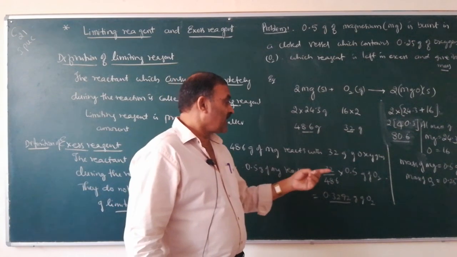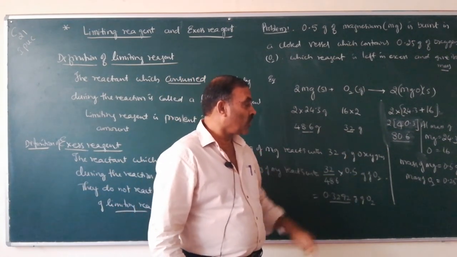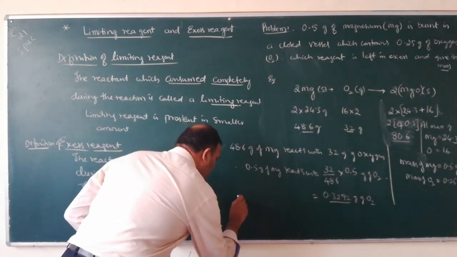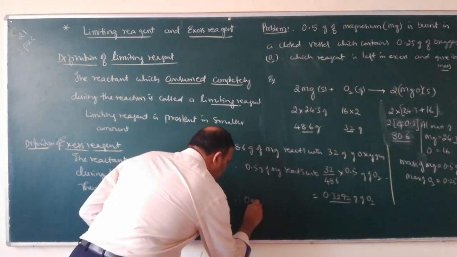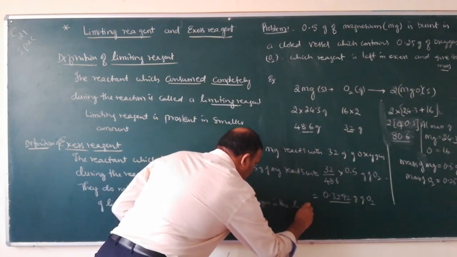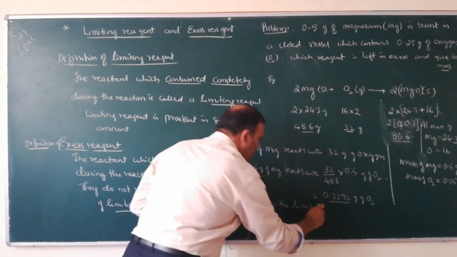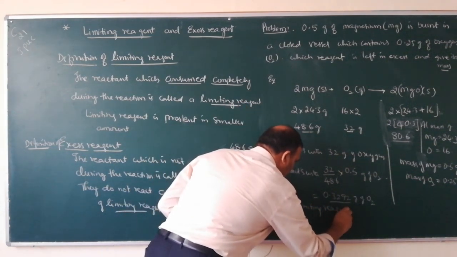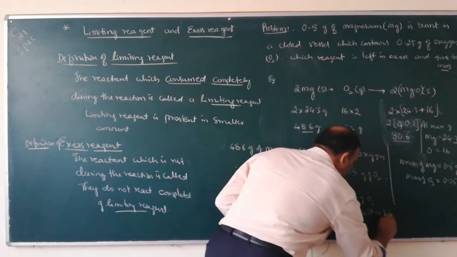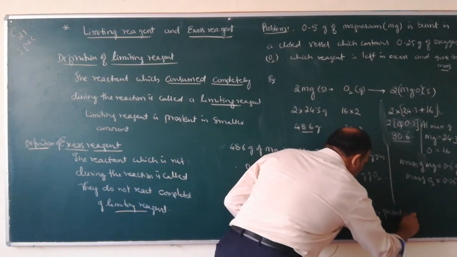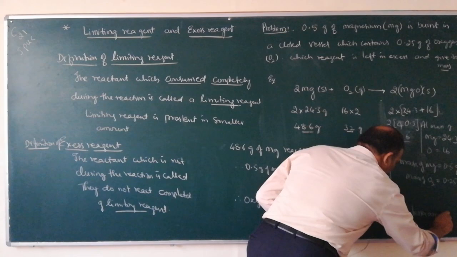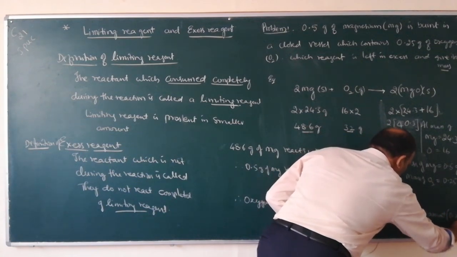Therefore oxygen is present in lesser amount, so it is the limiting reagent, since it is present in lesser amount, that is 0.25 gram.